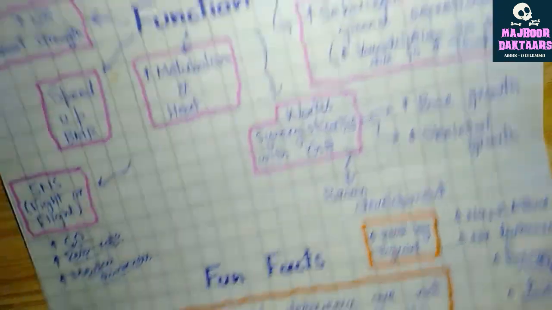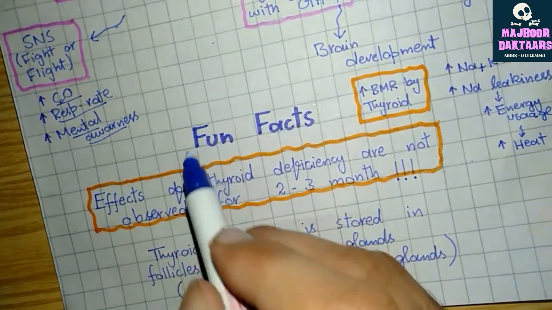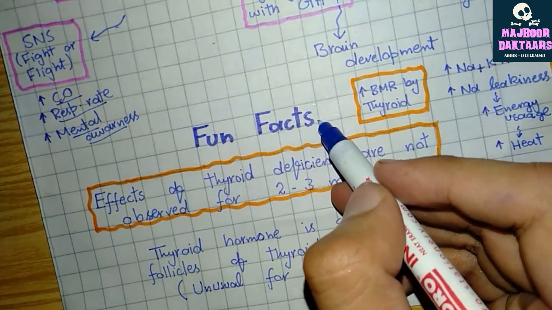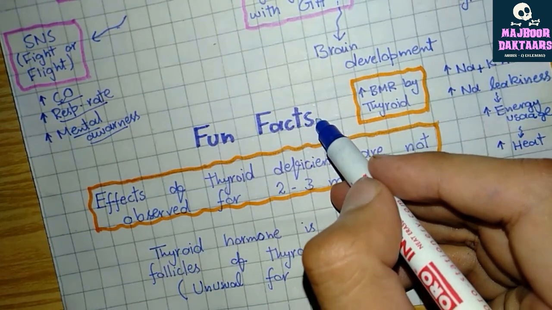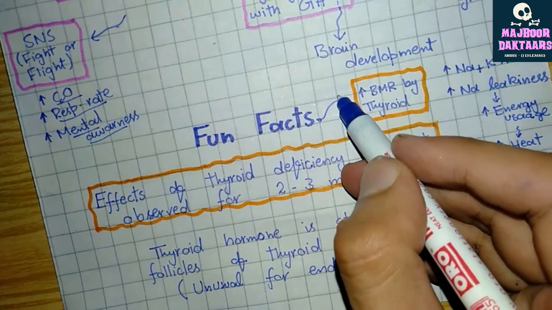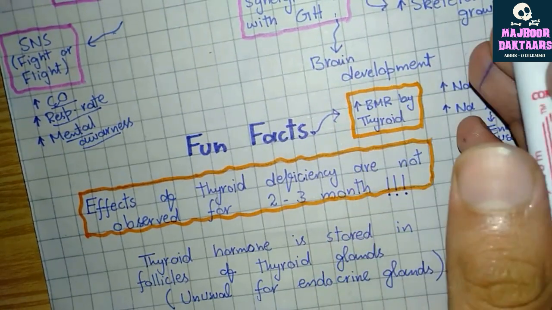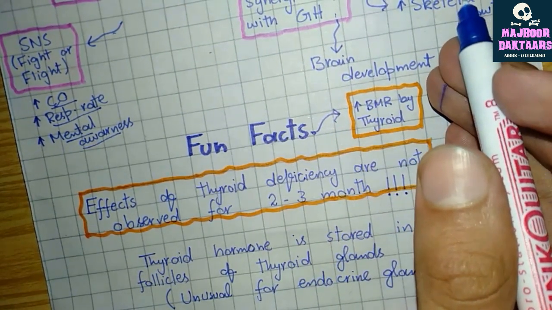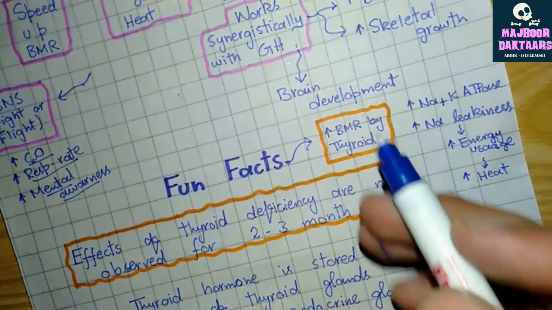Now moving toward the fun facts of our episode on thyroid hormone. Do you know that BMR is increased by the thyroid hormone? So what is the reason behind the increased BMR by the thyroid hormone?